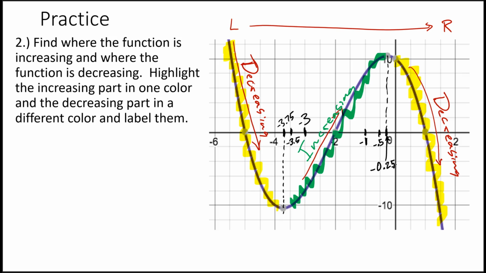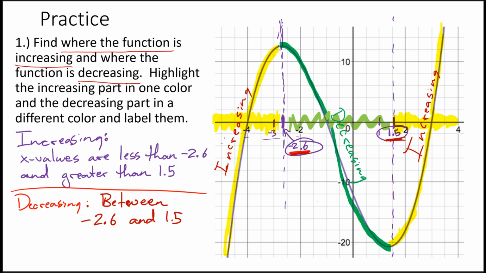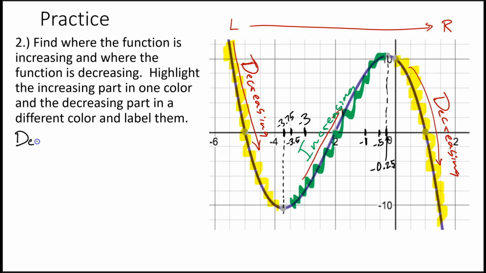So again, for our decreasing, and I'm just doing decreasing first because that happens first. You can do increasing just like we did on the last one. You can do increasing first, but here I'm going to do decreasing.